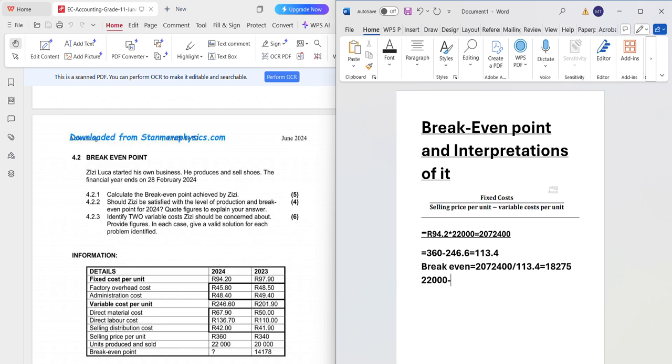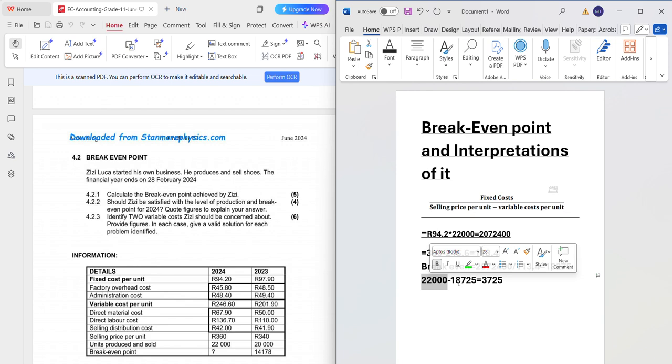So we made 22,000 minus our break-even point is equal to, let's calculate, the answer is 3,725. So it means we will make profit on 3,725 units. So we produced more than our break-even point. Obviously our break-even point is 18,275 and our output is 22,000.